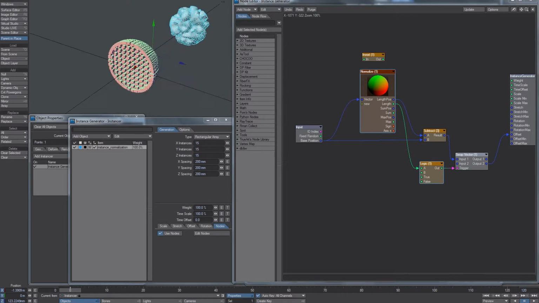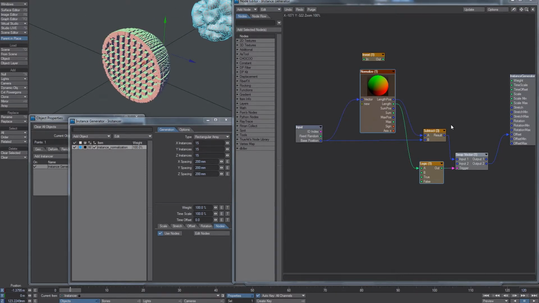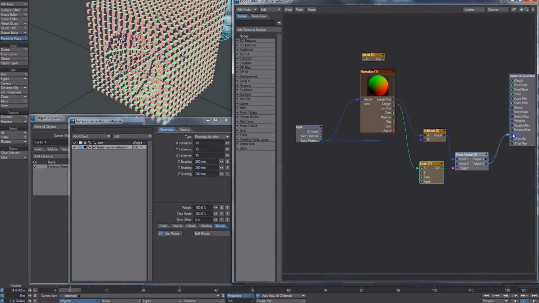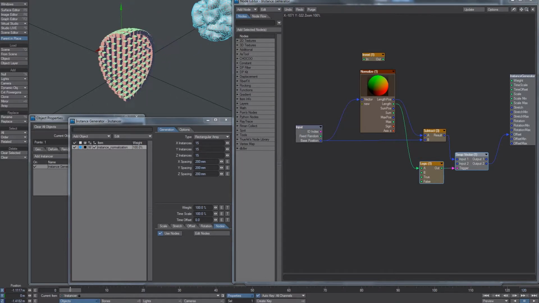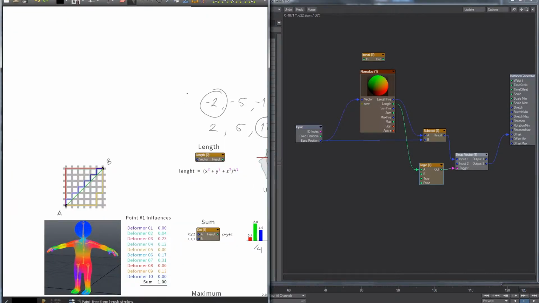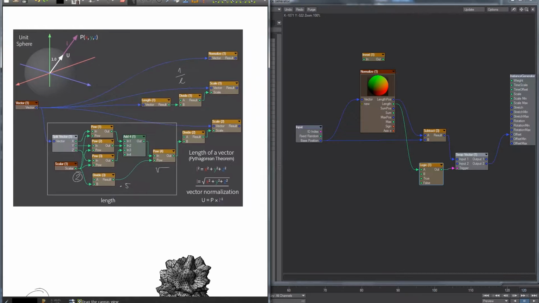Okay, so now you notice that when we see the inside, unlike before, where we had all of them being normalized, now only the ones that are outside that range are being normalized. So this is always fun. The logic node works really well with these factors to check if something is inside or outside a certain range.